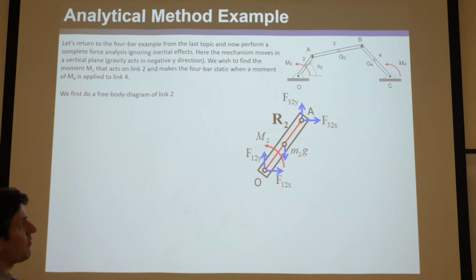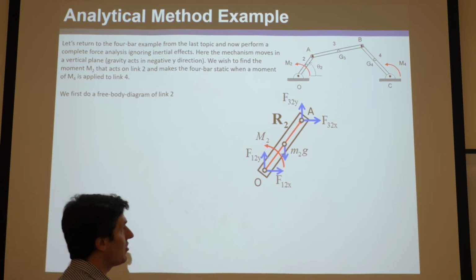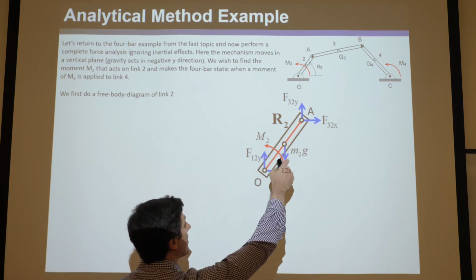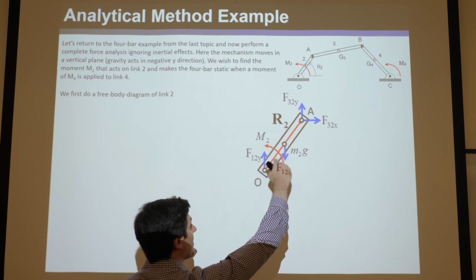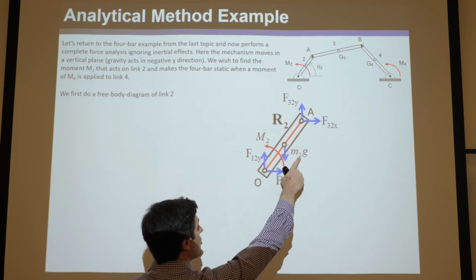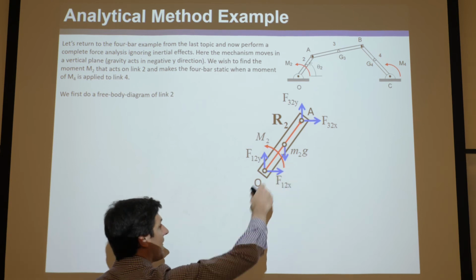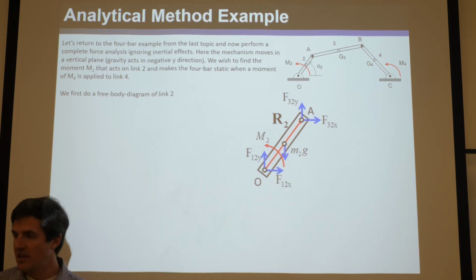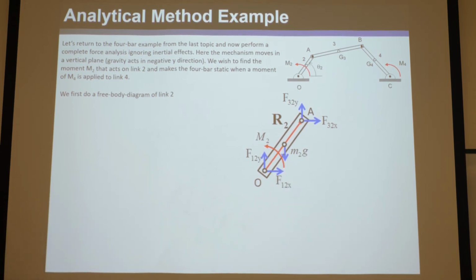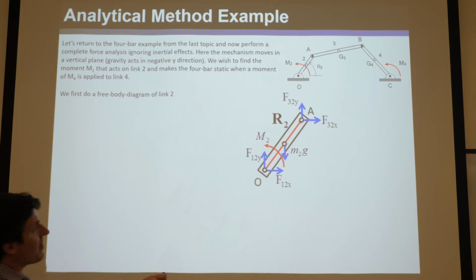You ask yourself, what are all the forces and loads and moments that are acting on this? Well, M2 is acting on it just from up there. Gravity is acting on it, which means it's the mass times g, and you draw it down because that's down. Is there another moment acting from the ground on link 2?